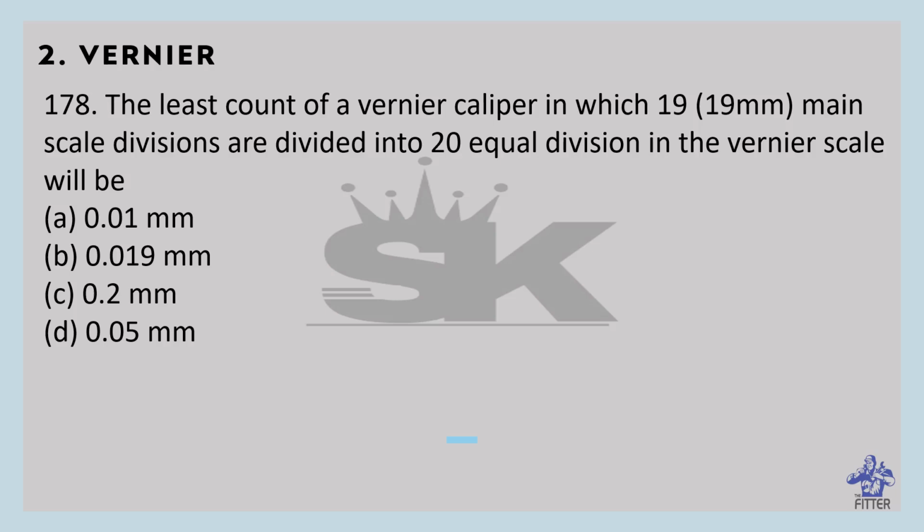The least count of a vernier caliper in which 19 main scale divisions are divided into 20 equal divisions in the vernier scale will be? So here he is asking about the least count. Least count is one main scale division minus one vernier scale division. So 1 VSD equals 19 by 20 MSD, 20 vernier scale divisions and 19 main scale divisions, right?